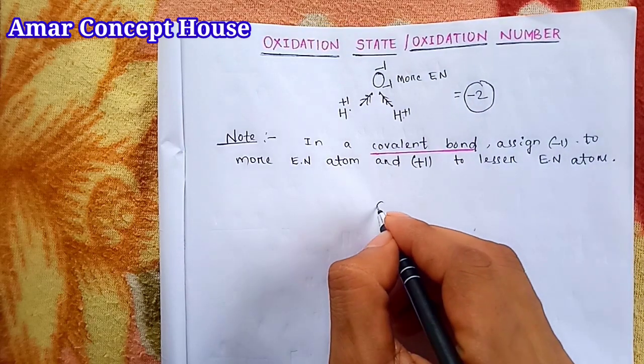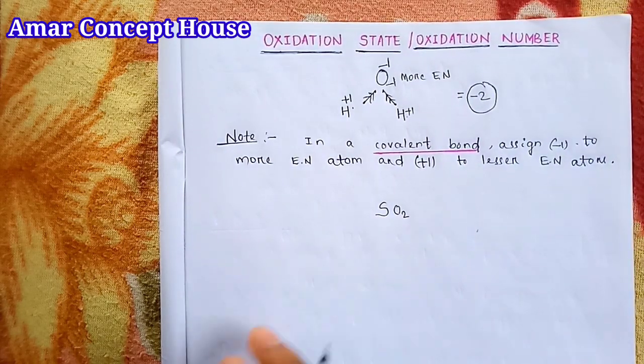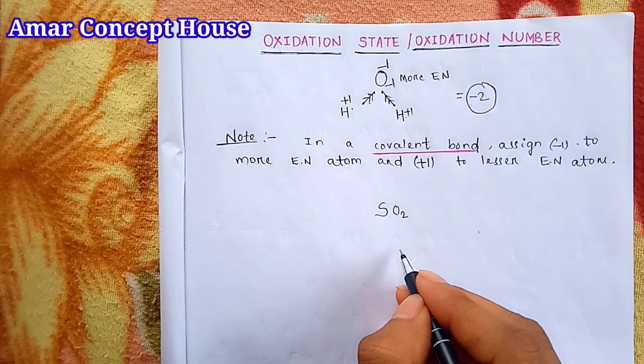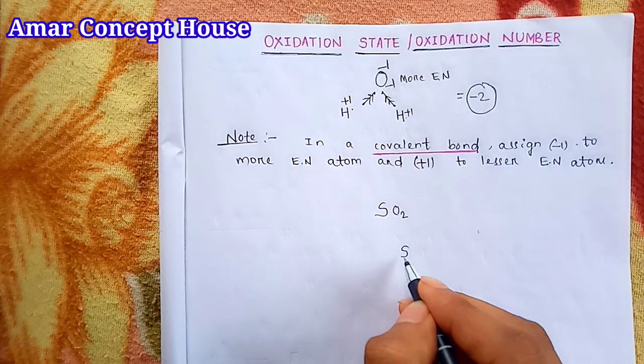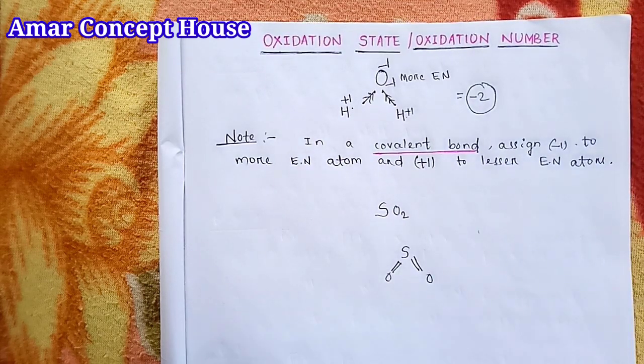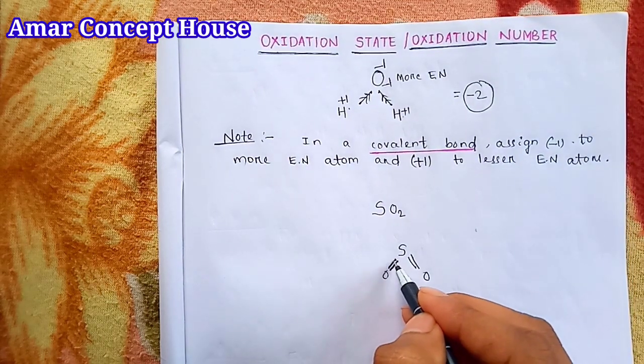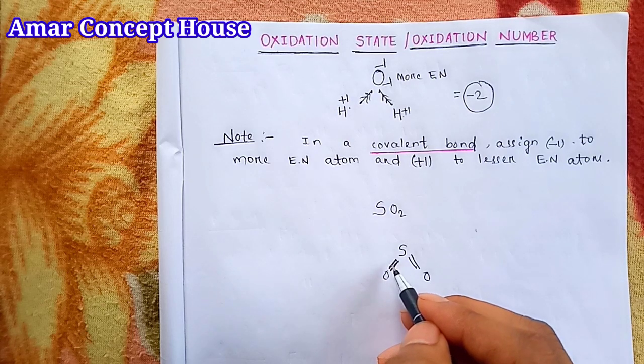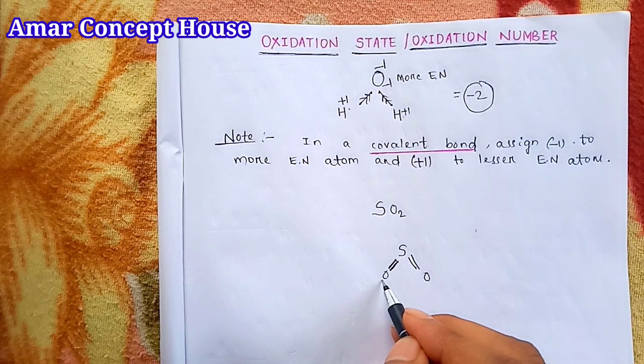For example, SO2, sulfur dioxide. What is the structure of sulfur dioxide? S double bond O. Clear? So for this one, which is more electronegative? Oxygen is more electronegative.